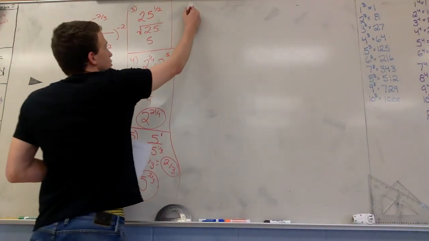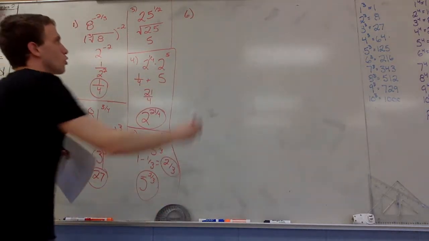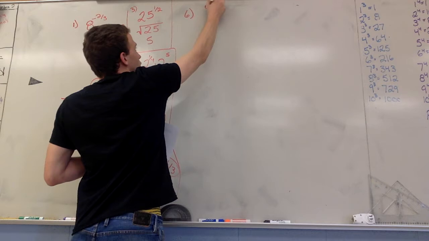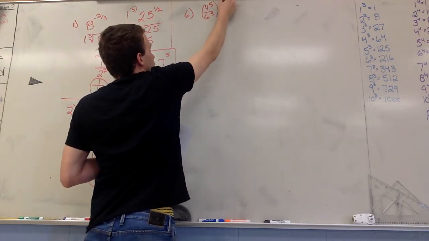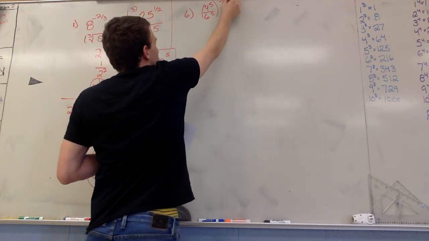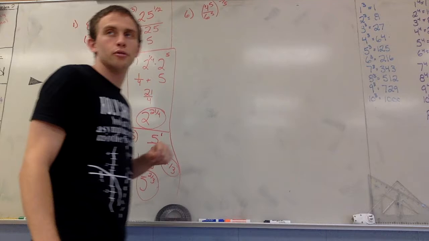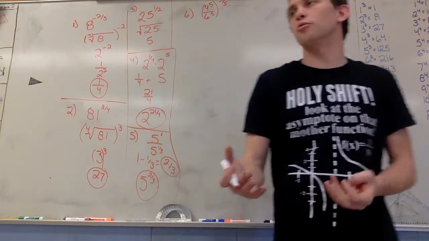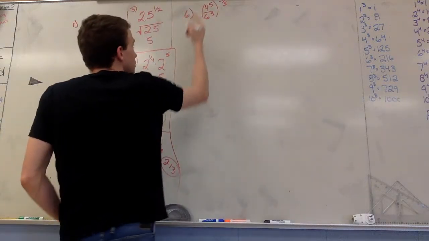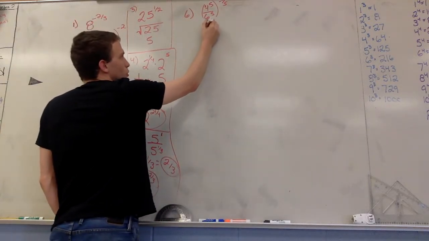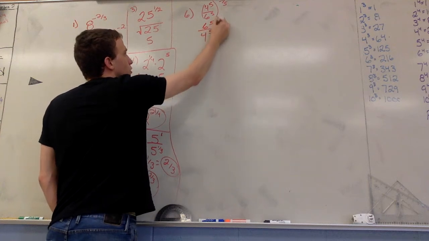Number 6. We have 4 to the 5th over 6 to the 5th, all to the negative 1/5. So what I'm going to do is take care of that negative from the start. What does a negative sign do to anything? It flips it. So I'm going to flip this. It's not going to be 4 to the 5th over 6 to the 5th anymore. It's going to be 6 to the 5th over 4 to the 5th.